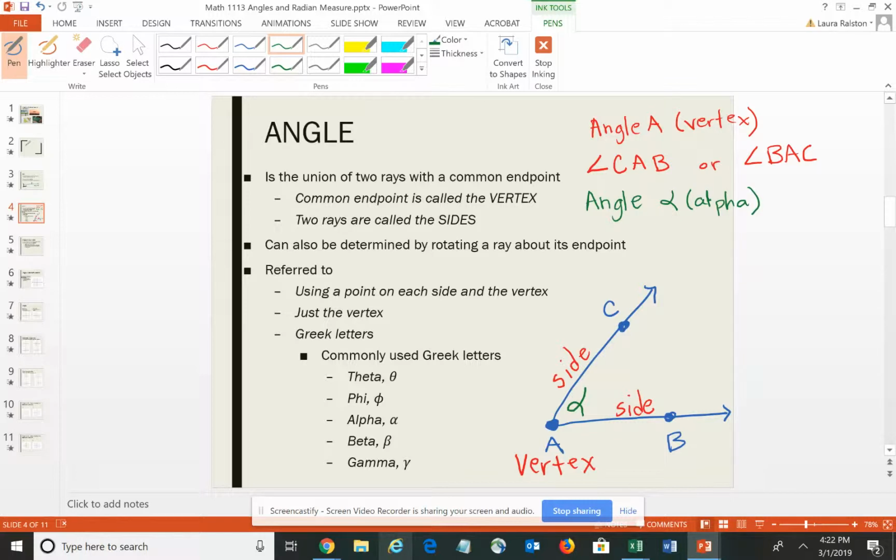Some other commonly used Greek letters there are theta, phi, beta, and gamma. So there's a variety of ways to name angles. It's just as easy, if you can, to use either the vertex or the special symbol.